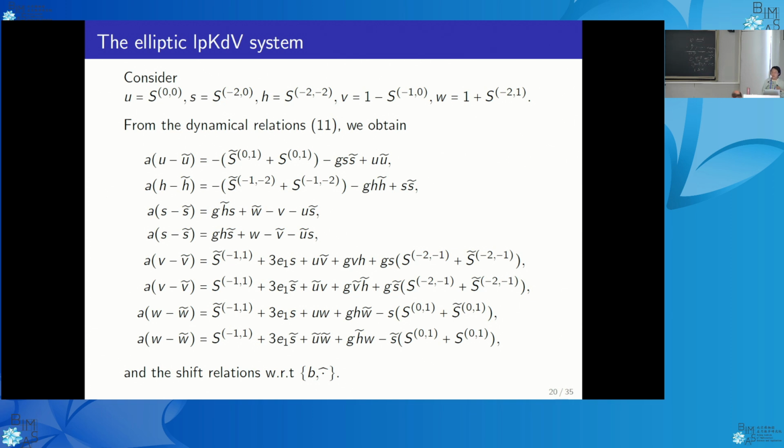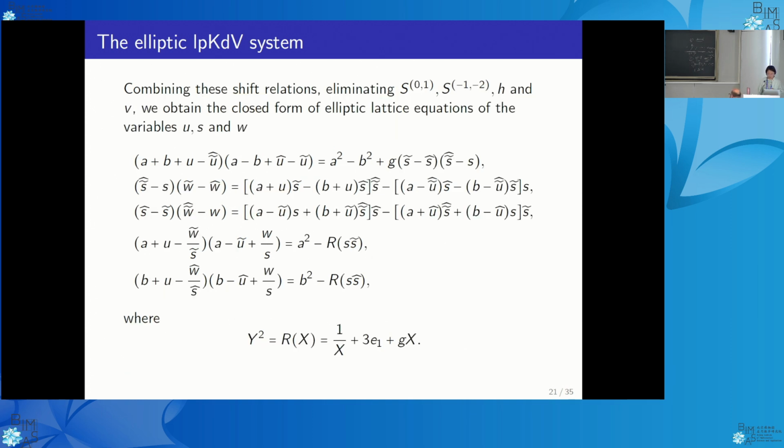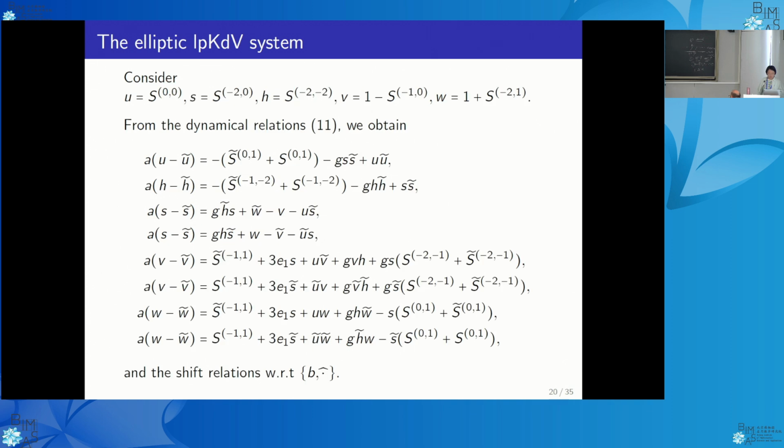From the dynamical relations on the last page, if we choose particular integers for Sij, we can get these relations. Here is the shift relation with respect to the tilde or n direction. For the hat or m direction, we can get it by just changing A to B and tilde to hat.